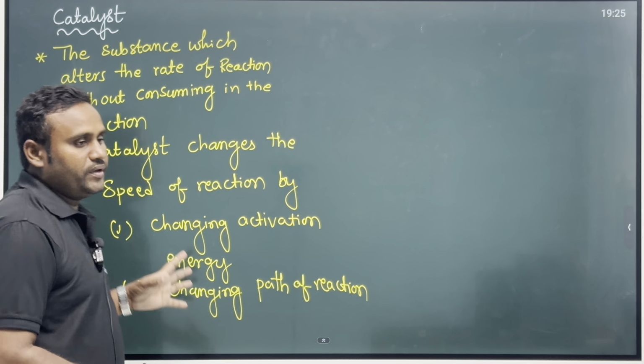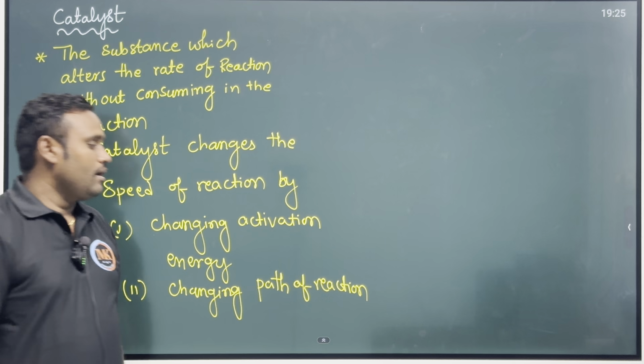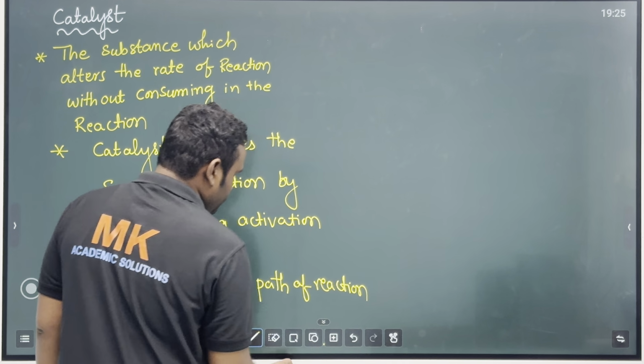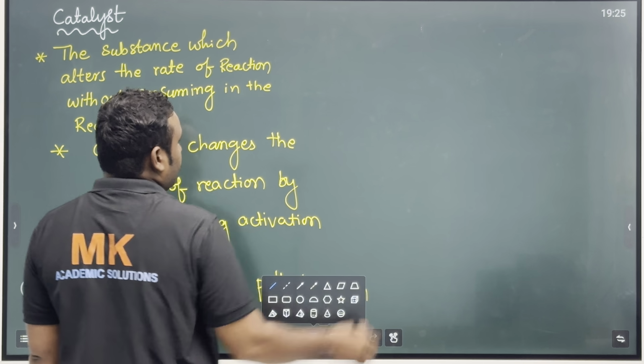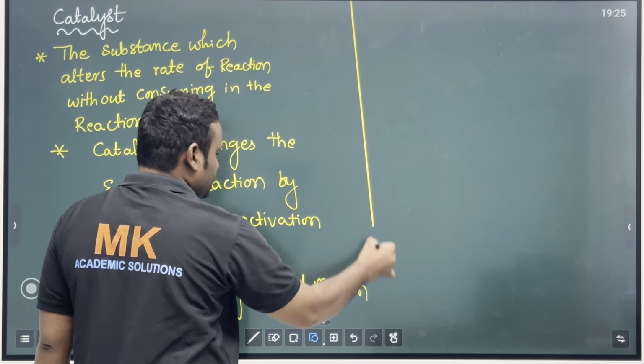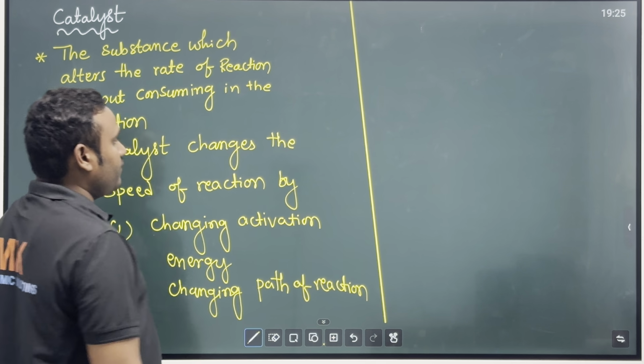So by these two ways a catalyst can alter the rate of reaction. So now let us see the types of catalyst.